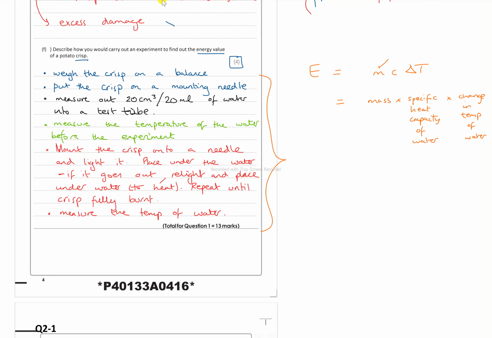You're given the specific heat capacity, and you measure the before and after temperature, and you get how much energy that particular mass of crisp gave. Then I suppose you could divide it by the mass of the crisp to get it per gram.